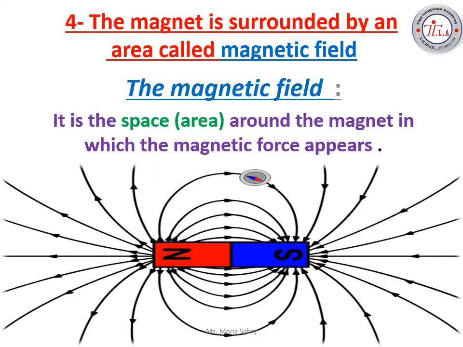If the objects are not in this space or are far away from the magnet, the magnet can't attract them. Again, the magnetic field is the space or area around the magnet in which the magnetic force appears.